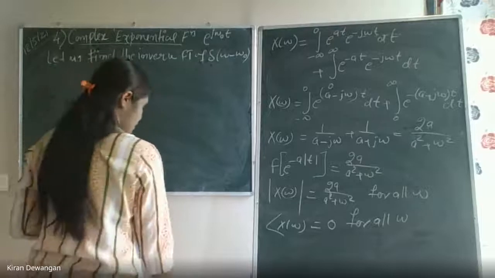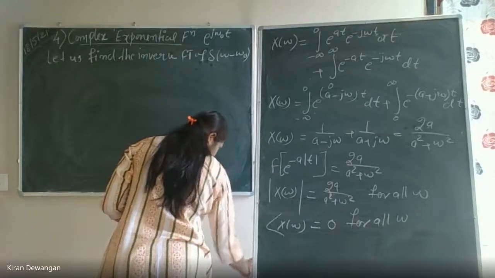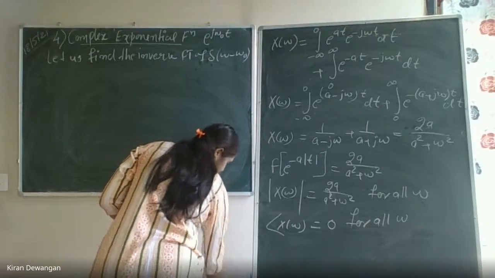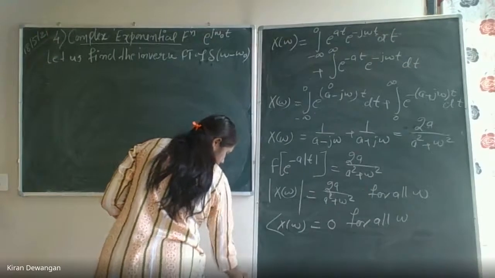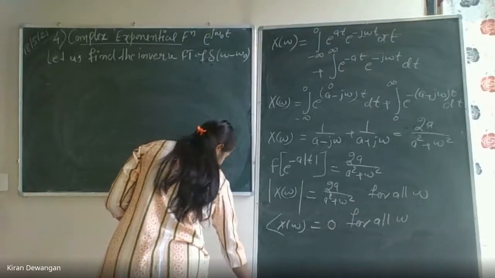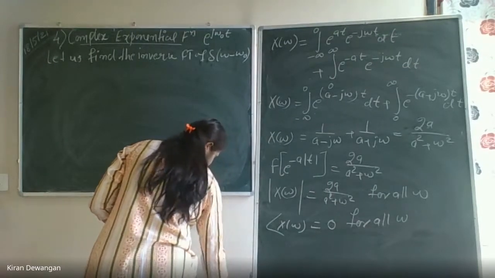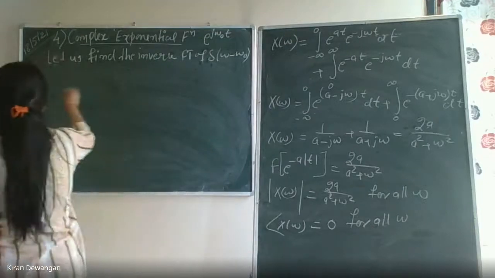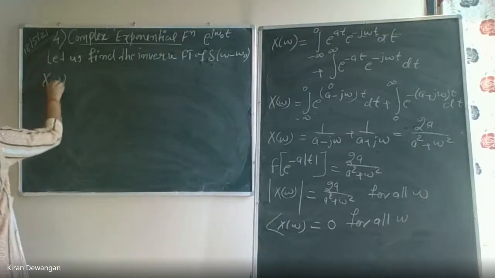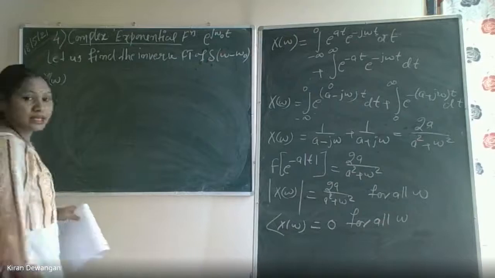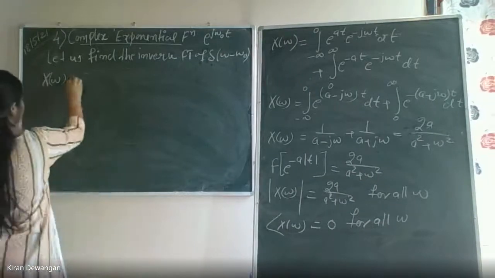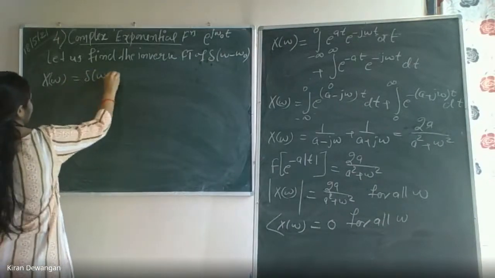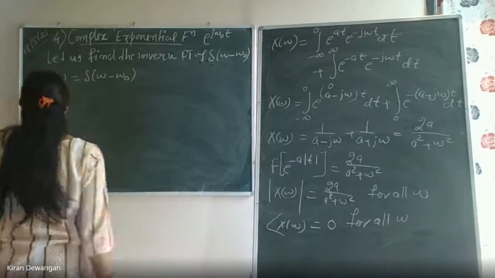Then we will try to solve it by taking the inverse Fourier transform of omega minus omega naught. Okay, now let's see what is the inverse Fourier transform formula. The formula to find x of t, given x of omega is del omega minus omega naught.